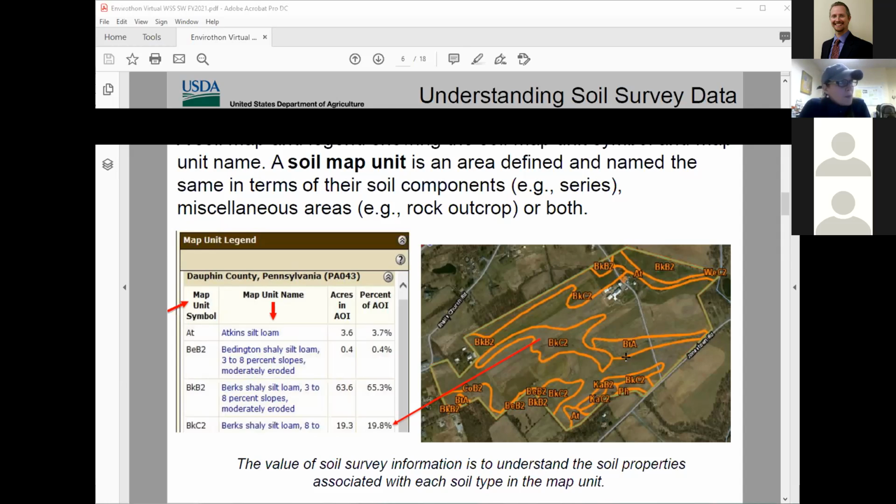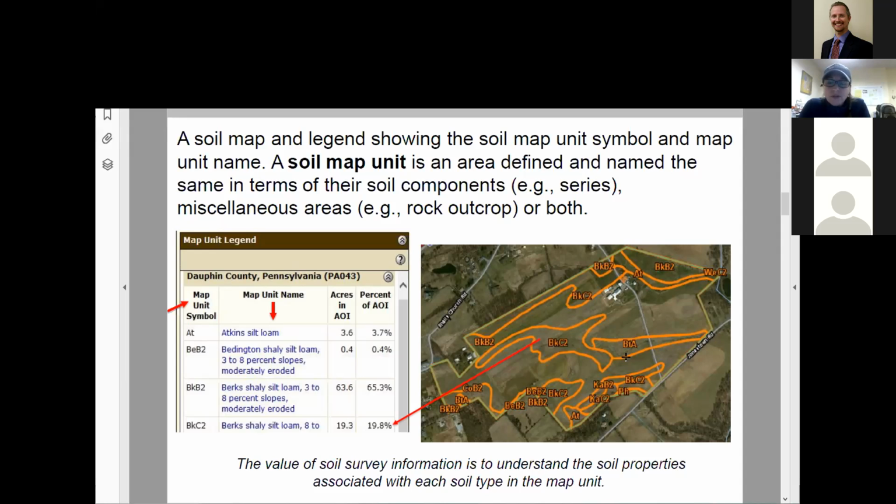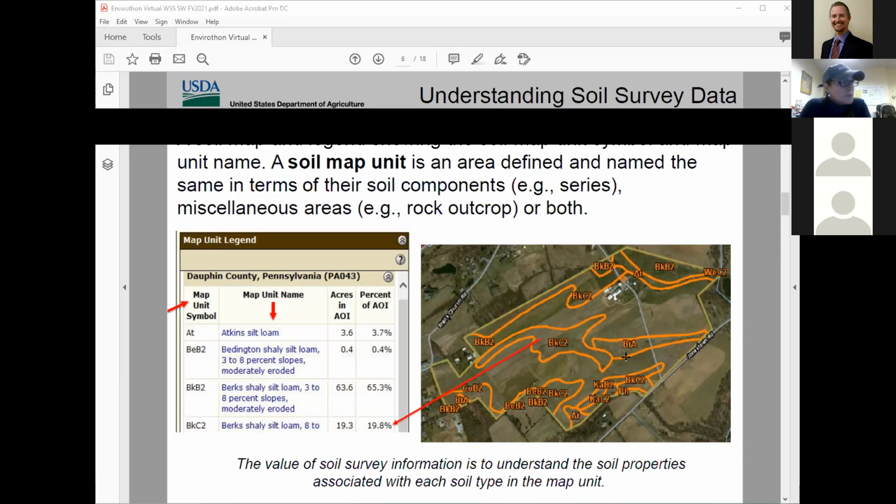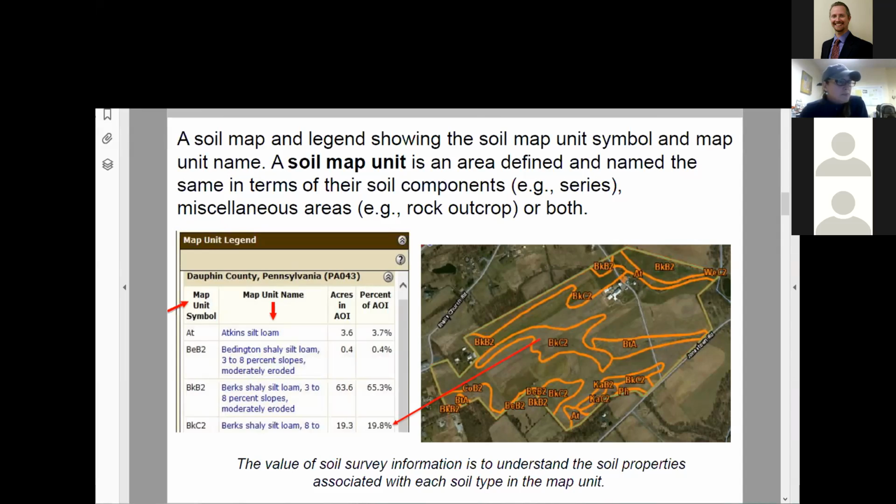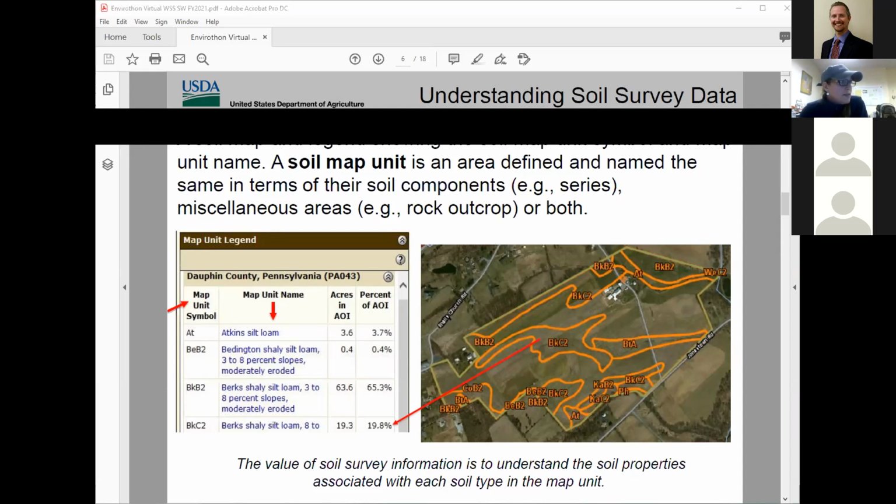But before we do that, I want you to put in the chat box, using the map unit legend on the screen, what soil map unit has the most acres. All right, somebody said BKB2, you are correct.